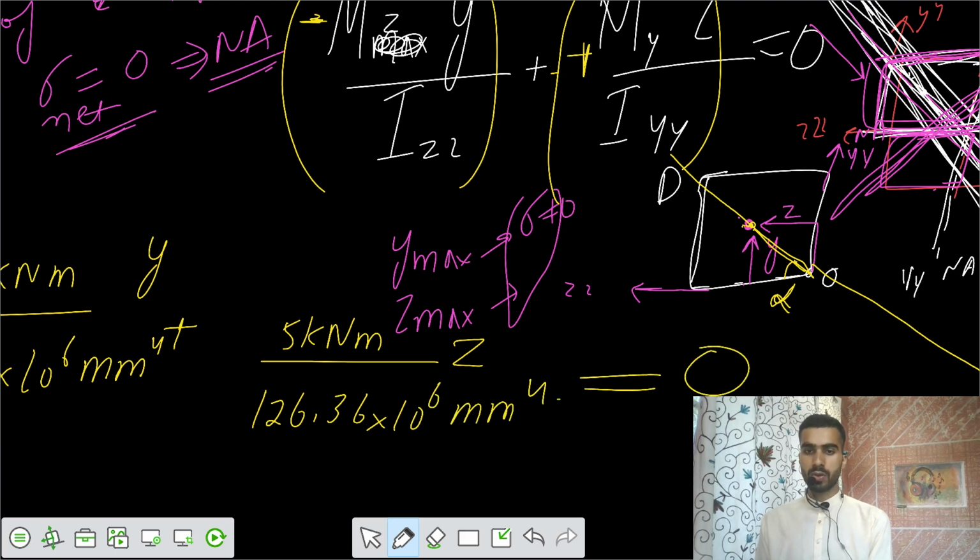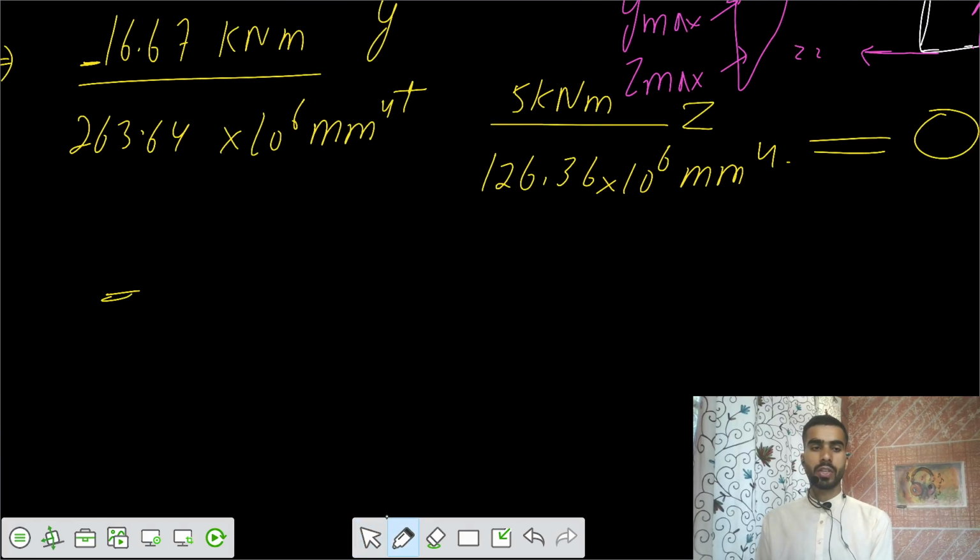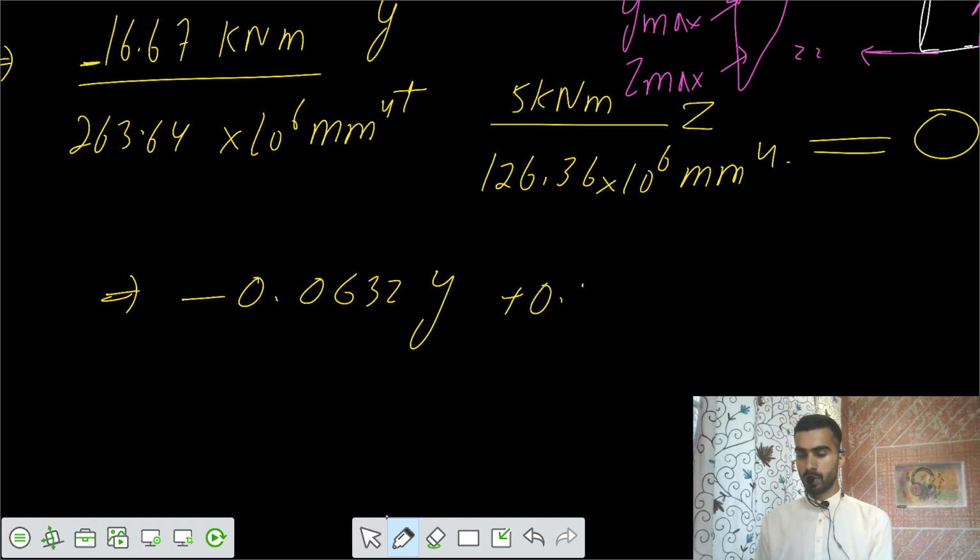That should be equal to 0 because we want the stress to be 0. So finally you get the equation minus 0.0632 y plus 0.0396 z equals 0.